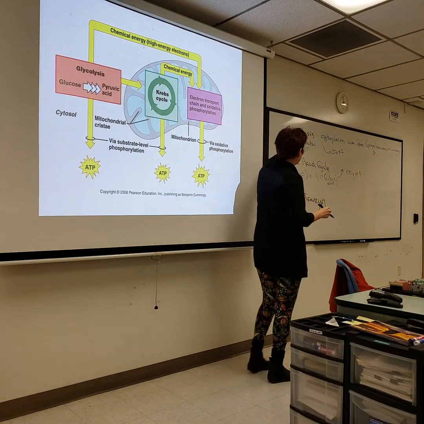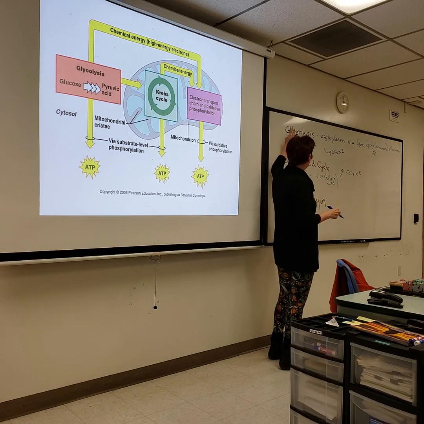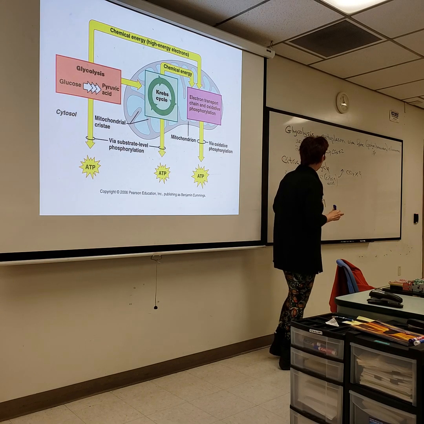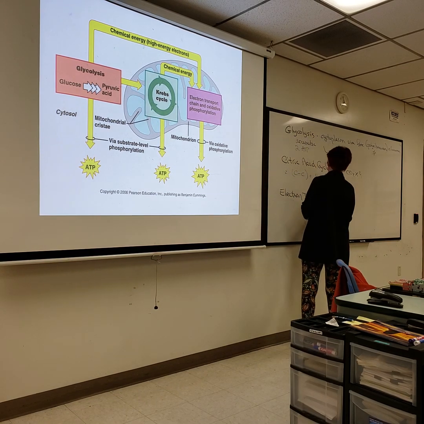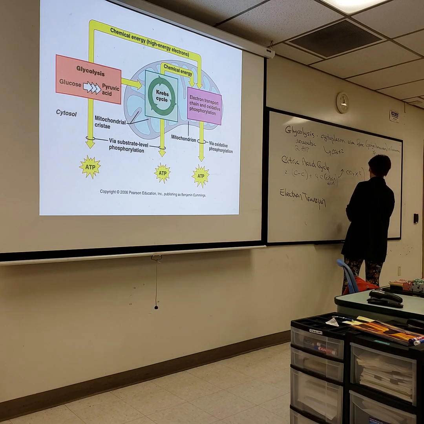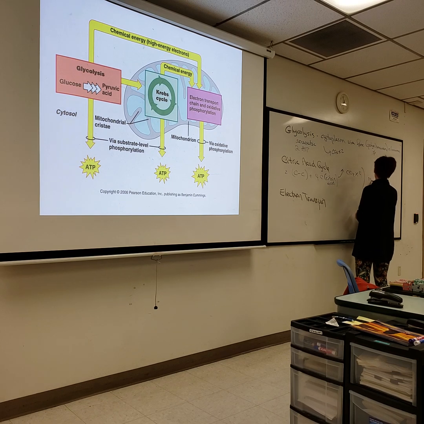Now, in addition to carbon and oxygen, our glucose and fructose has hydrogens, okay? So the hydrogens are sent to the mitochondria component. Both of these, citric acid cycle and electron transport, are taking place in the mitochondria.